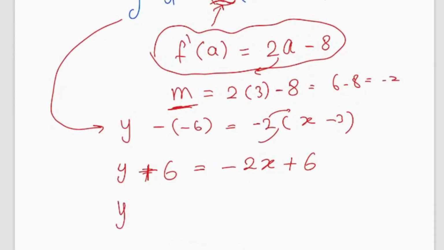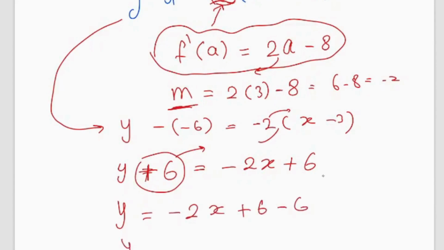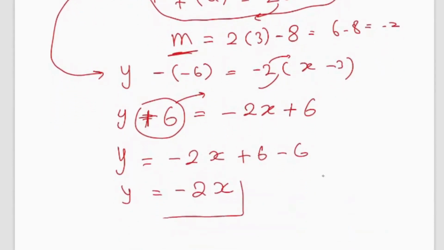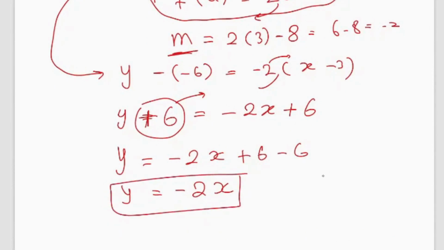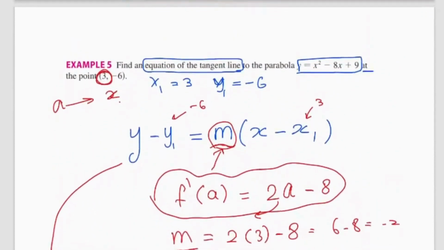Finally, this will be moved to the right hand side: y is equal to negative 2x plus 6 minus 6. Then y is equal to negative 2x. So this is the equation of the tangent line at the point 3, negative 6.